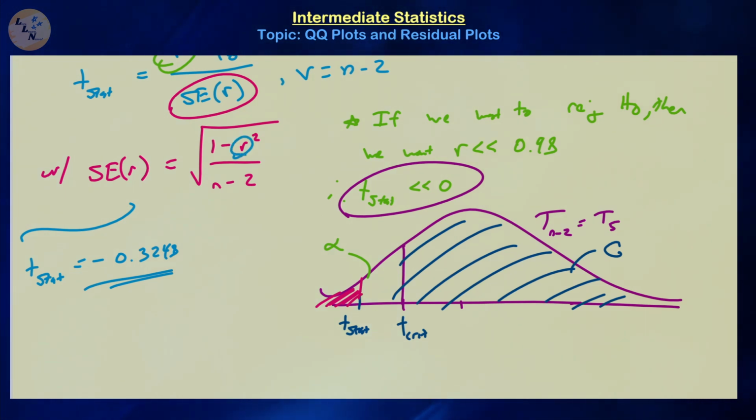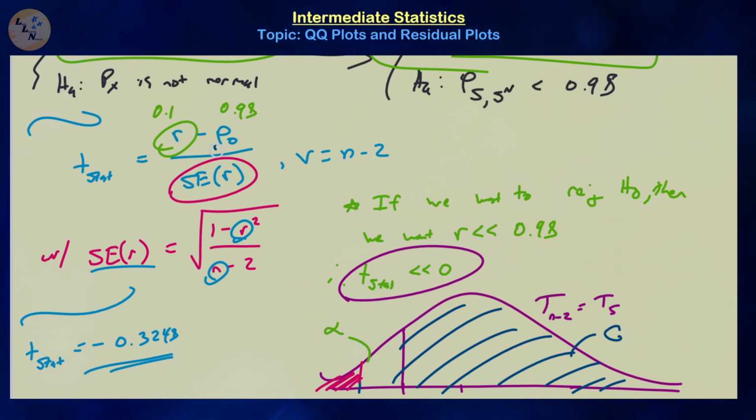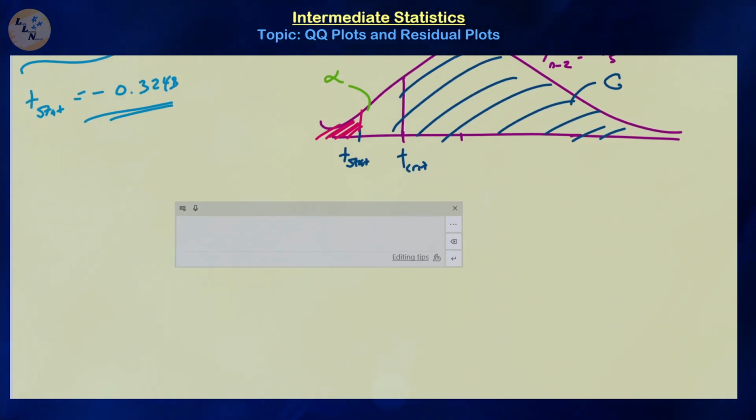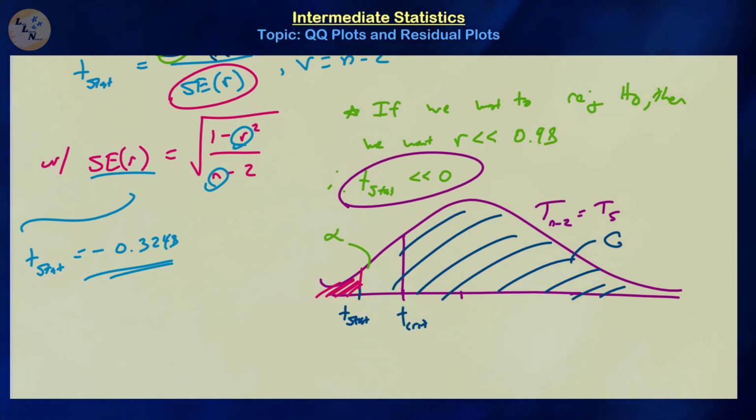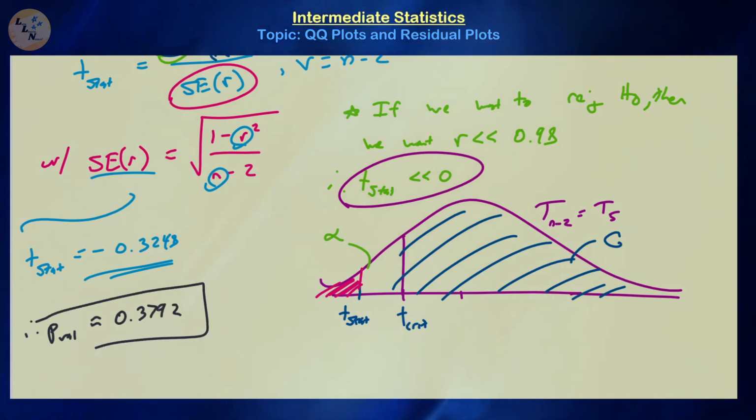You plug in your r value and your n value, that gives you your standard error. Our threshold value is going to be our rho 0, and r, again, is our correlation coefficient between S and Sm. Once you have your test statistic, then we can go ahead and calculate our one-sided p-value, and one can find that the p-value is approximately equal to 0.3792.